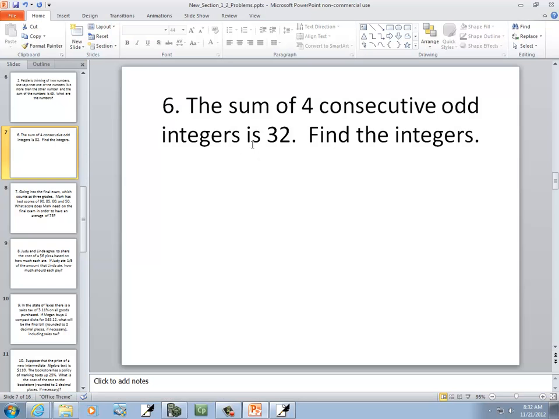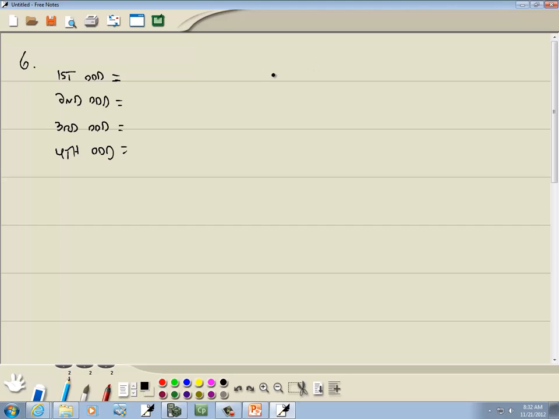Now, consecutive odd integers. That would mean, let me do a simple number example. 1, 3, 5, 7, for example. Now, these are numbers I made up. They have nothing to do with the problem. They help me to think through this. We don't know our first odd? No, that's x. Okay, now look over your number example here.